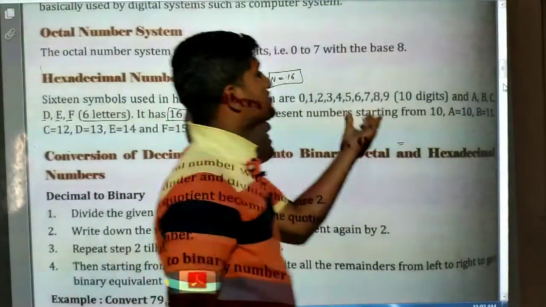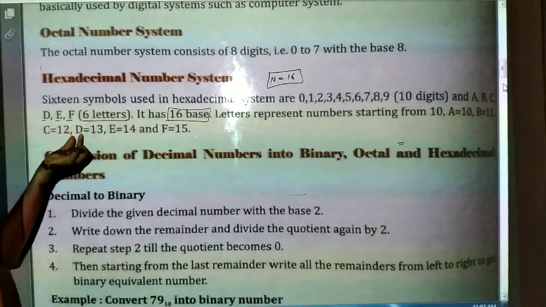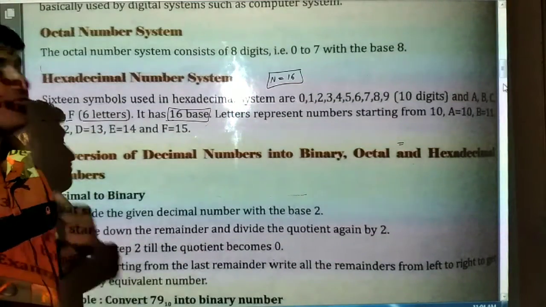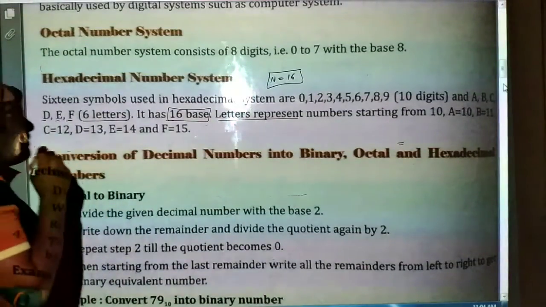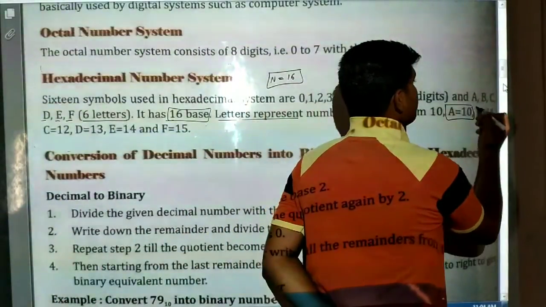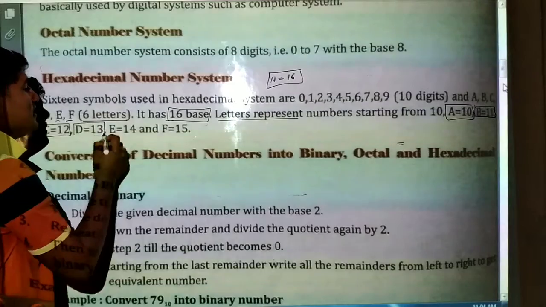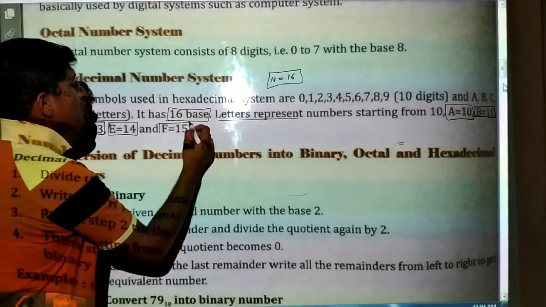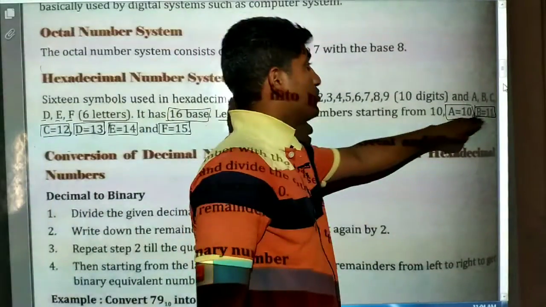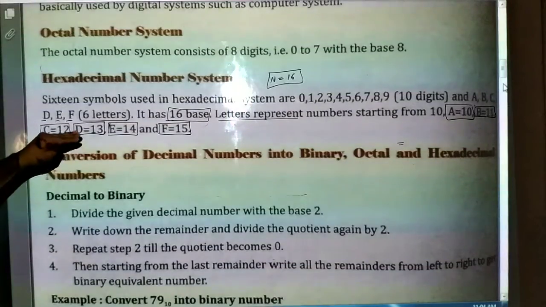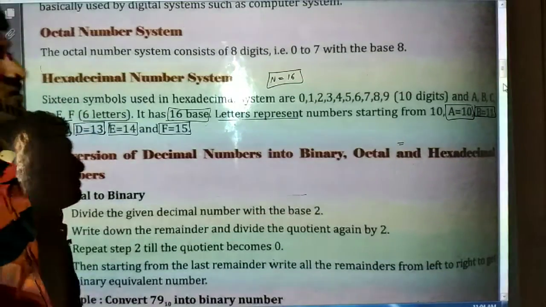Letters represent the numbers starting from 10: A is 10, B is 11, C is 12, D is 13, E is 14 and F is 15. इसमें जो हमारे लेटर्स हैं वो किसको रिप्रेजेंट करेंगे, जैसे A 10 को, B 11 को, C 12 को, D 13 को, E 14 को और F 15 को. So this is hexadecimal number system.